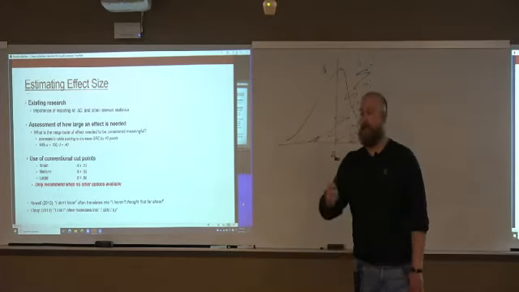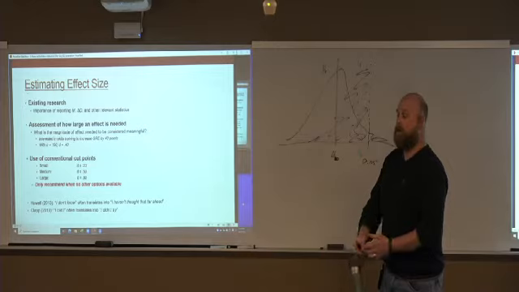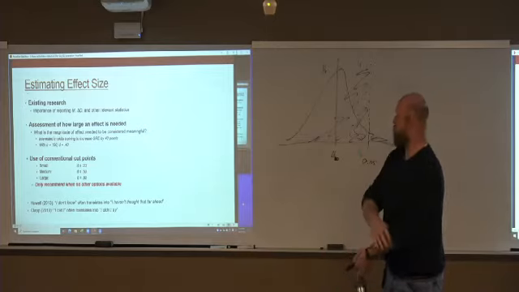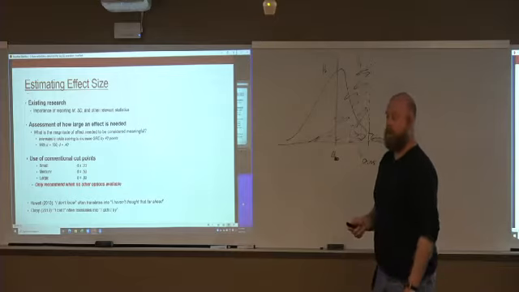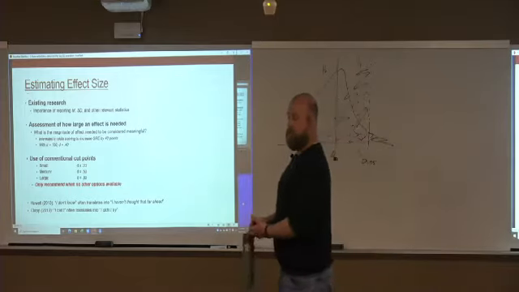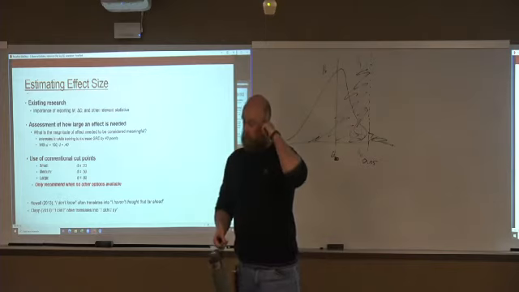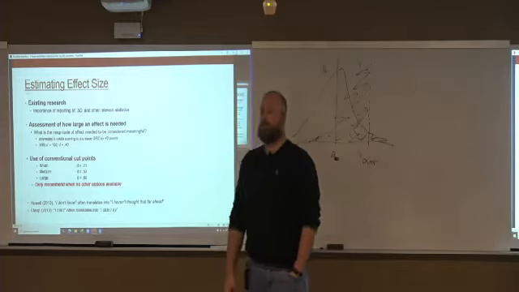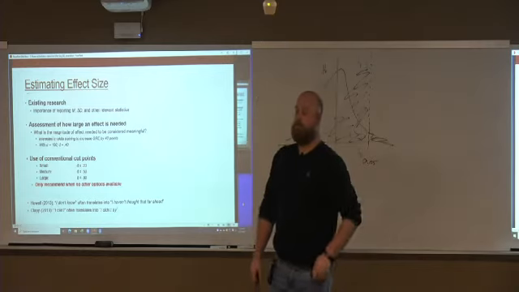I'm sorry if you already covered this, but the reason we do the power analysis before we start data collection is because you plug in, this is the effect size that I want, and it spits out, this is how many people you need.